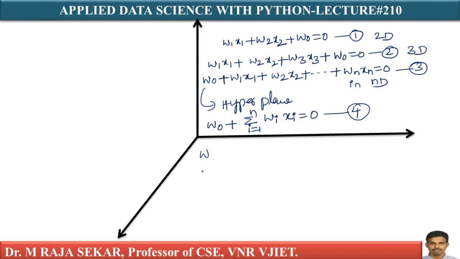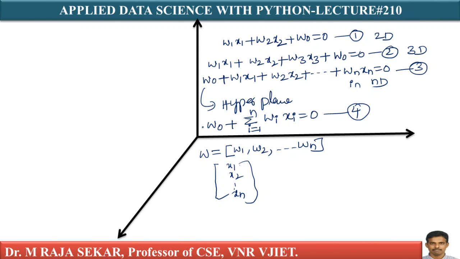Let's assume I have W equal to W1, W2, so on Wn. Imagine I have x1, again a column vector, x1, x2, so on xn. I have this another vector, isn't it?